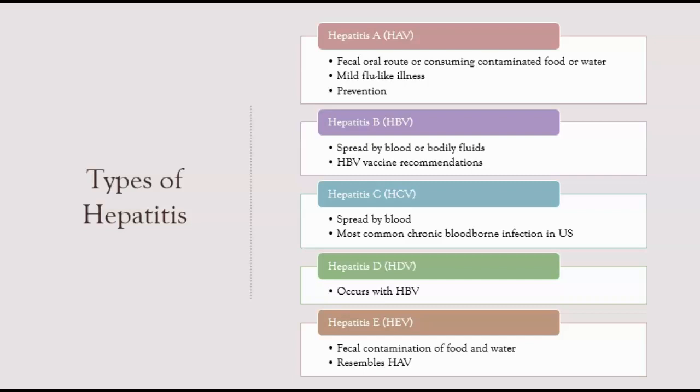Blood transfusions, hemodialysis, direct contact with blood or the open sore of an infected individual, or it can also be transmitted by birth. Many people do not have symptoms and clear the virus from the body and develop immunity. Some do not develop immunity and they become carriers and they can infect others without being sick.